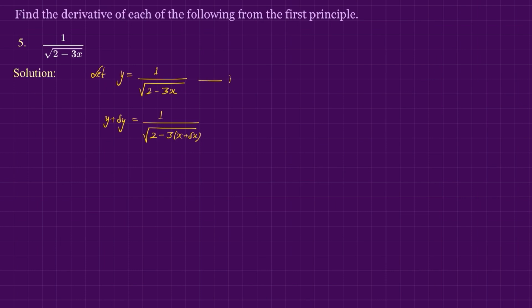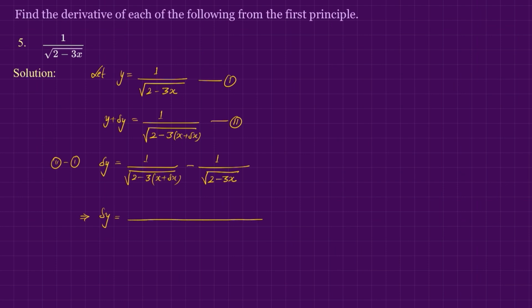So let this be equation 1 and this be equation 2. So if I subtract 1 from 2, we will have on the left hand side del y equals 1 over under root of 2 minus 3 times x plus delta x minus 1 by root over 2 minus 3x. Before dividing both sides by del x, let us simplify.